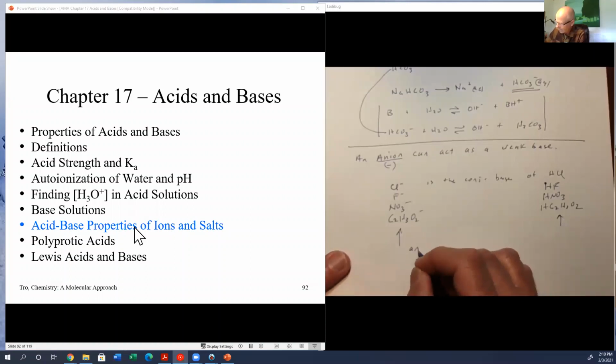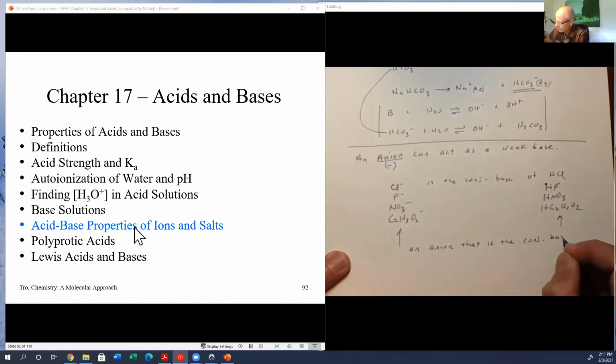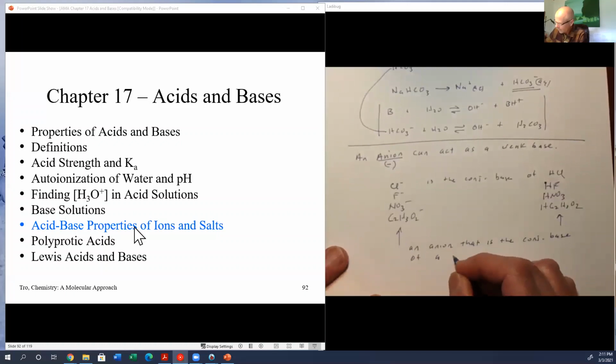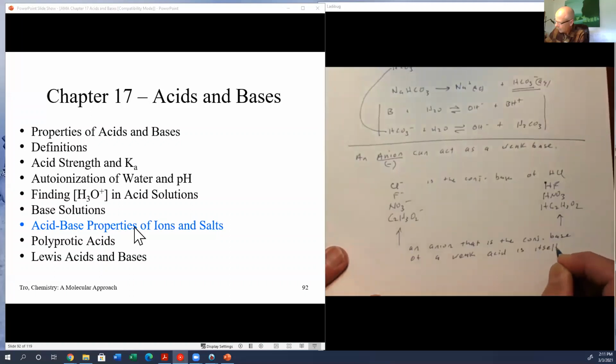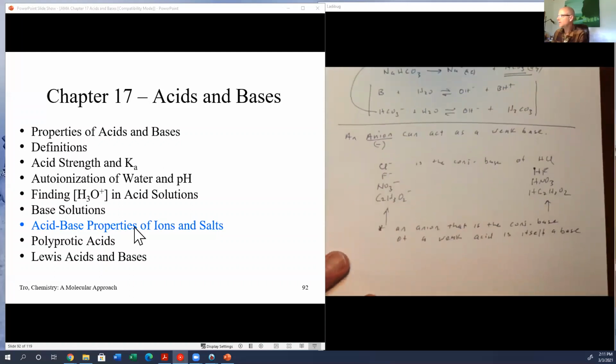An anion that is the conjugate base of a weak acid is itself a base.